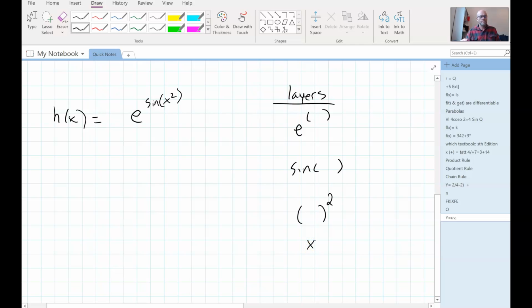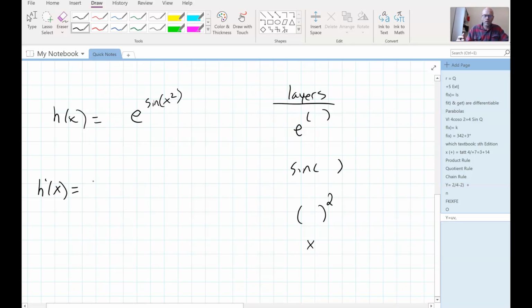Okay, so then when I employ the chain rule, I'm just going to begin taking derivatives of layers, and you multiply each successive derivative of the layer. So the first thing I'm going to take a derivative of is e to the. Now, what's the derivative of e to the? It's e to the.